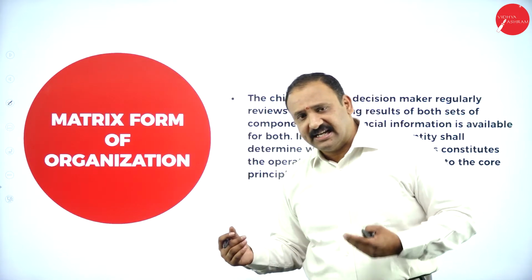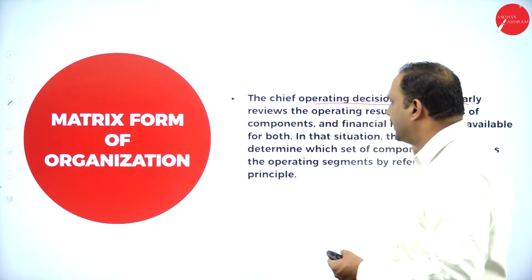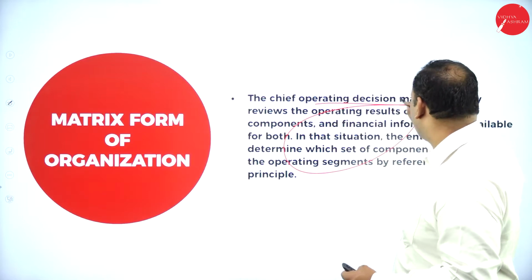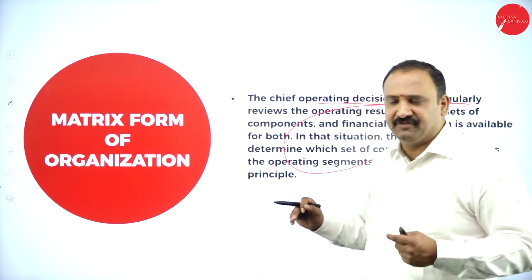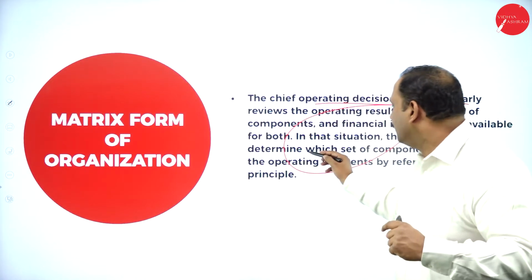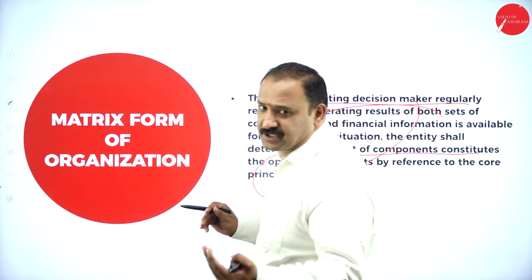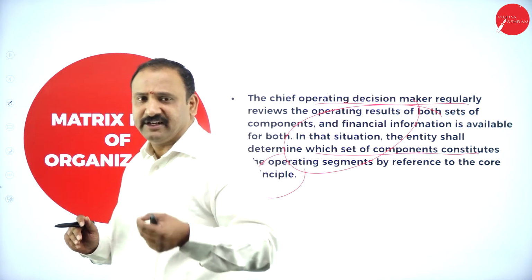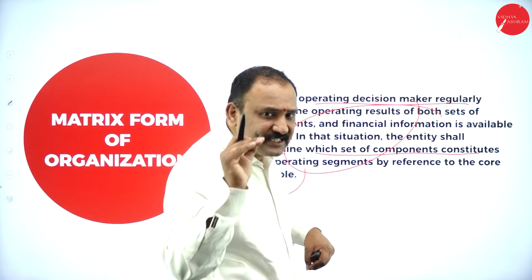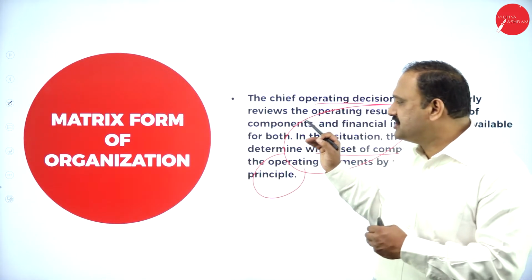Now, the next thing is that the matrix form of organization also consists of the chief operating decision maker, who regularly reviews the operating results of all the components and the financial information available on both sides. In that situation, the entity shall determine which set of components constitutes the operating segment as per the principle. So the CODM will make an assessment to find out which components can be utilized for the operating segment that has been generating value.